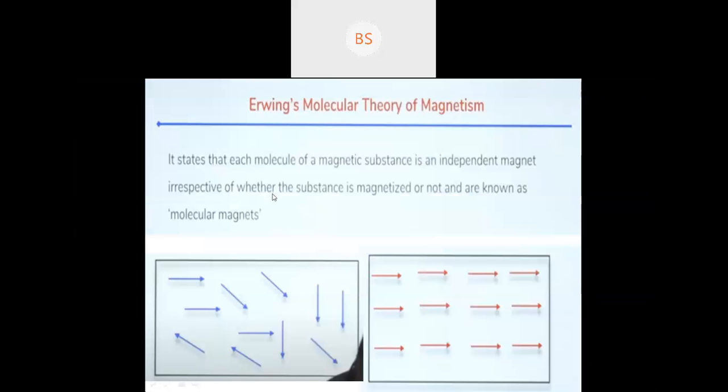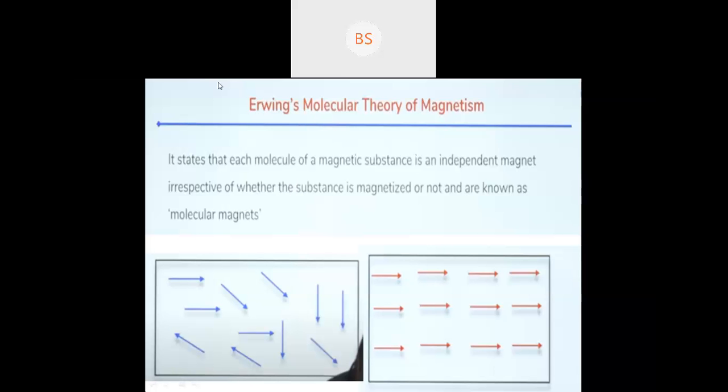So here are a few certain terms. You should understand these terms and then we'll go to the main lesson. Here a scientist, Ewing, had found the molecular theory of magnetism.